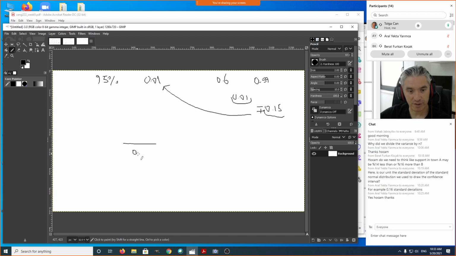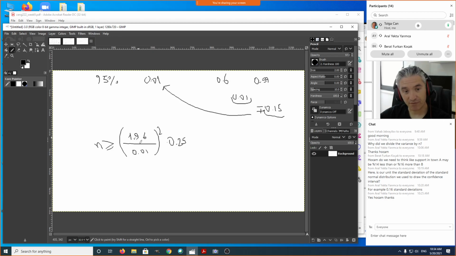So what you need to do is this: 0.01, 1.96 squared times 0.25. So this is the number of samples should be at least this much. This is our margin, which is our precision, and this is our confidence level. If you want to have more confidence, it's going to increase again.